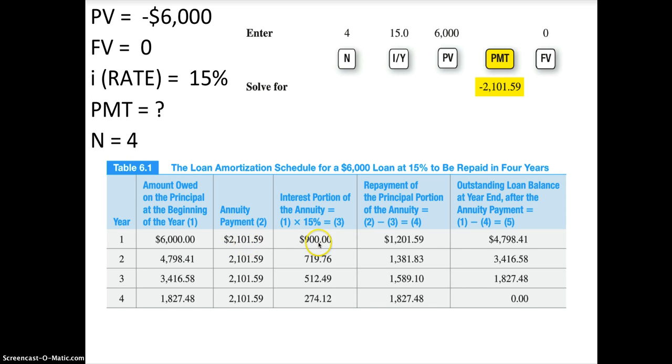$2,101 that's interest. Now, how do we know it's $900 in interest? Well, if you take 15%, which is the annual rate that we're being charged by the bank, and you multiply that by 6,000, so 6,000 times 0.15, you get $900 in interest.